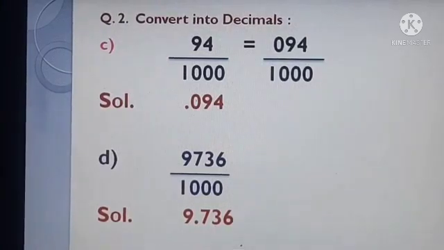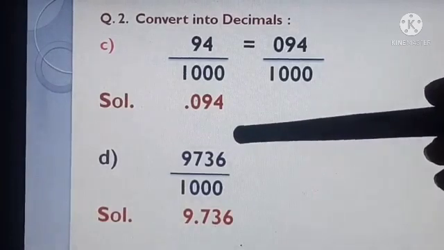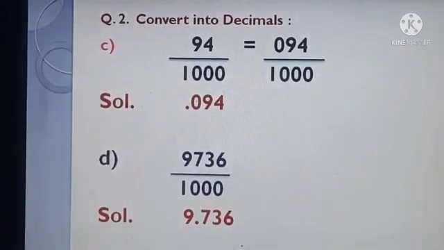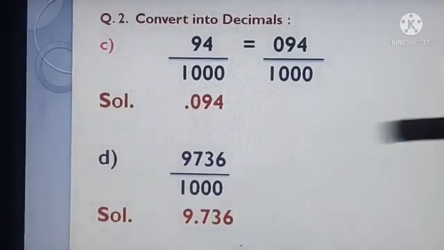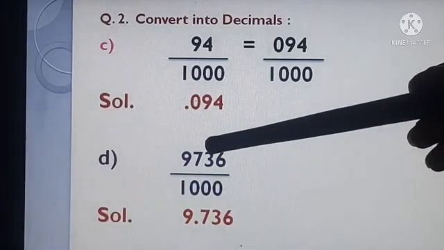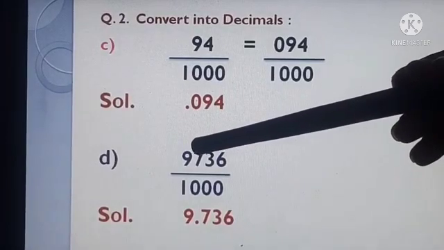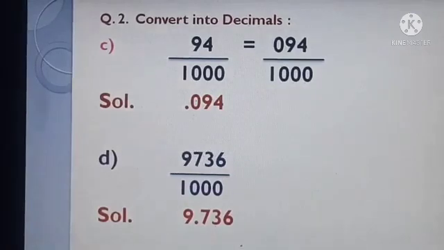Now our D part. 9736 upon 1000. In the denominator 1, 2 and 3 zeros are there. Start counting in the numerator 1, 2, 3. Here we will put the decimal after 9 before 7.